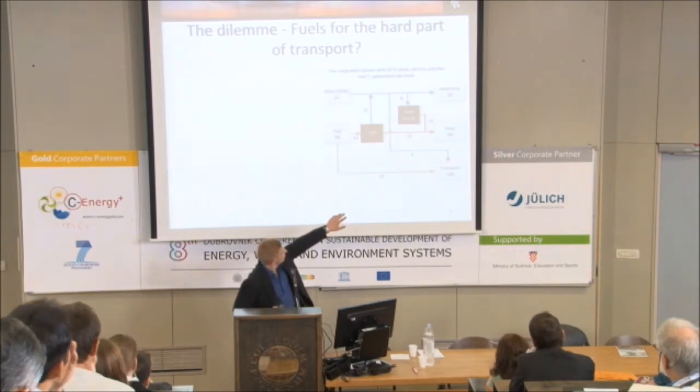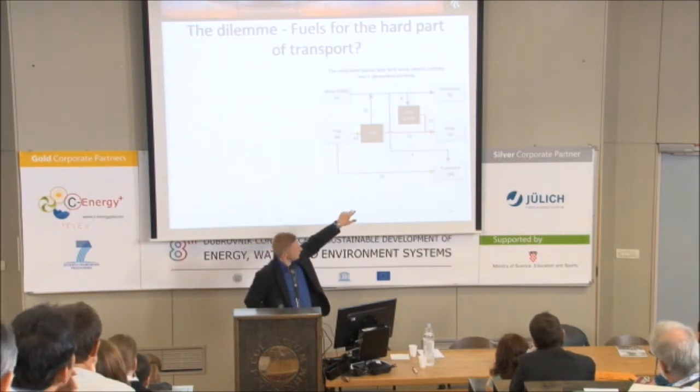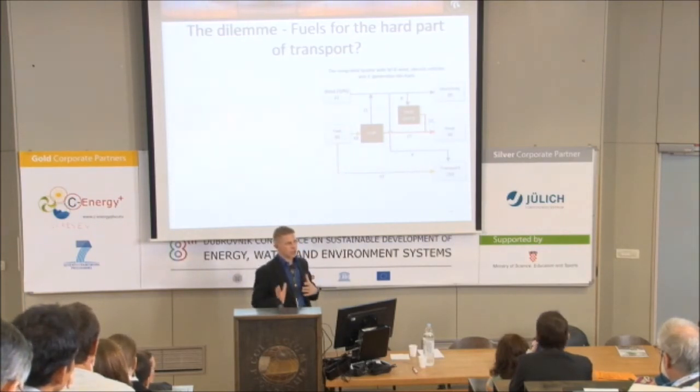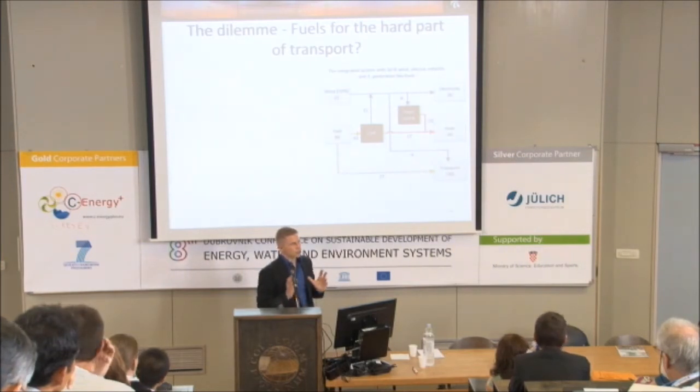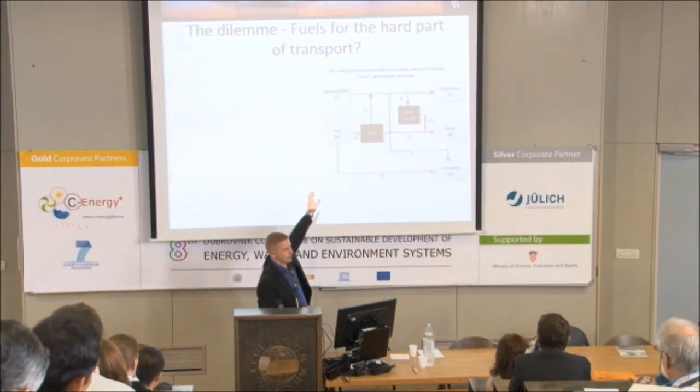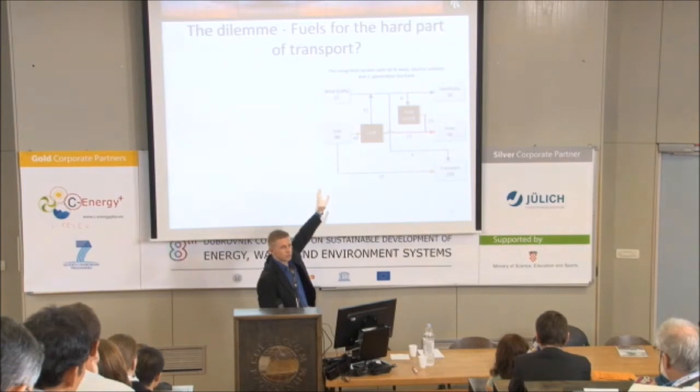What happens down here is, if we take a second generation biofuel, imagine that there are 60% losses. This is a typical second generation bioethanol plant where we lose 60% of the input. Then all of a sudden, we're back from where we started almost. We're back to 80 units of fuel in.